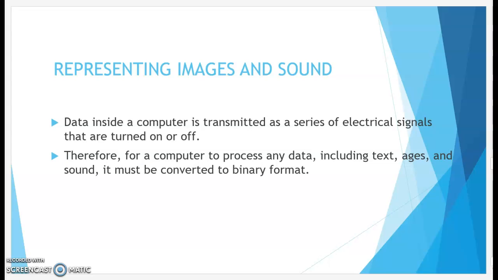Representing images and sound. Data inside a computer is transmitted as a series of electrical signals that are turned on or off. Therefore, for a computer to process any data, including text, images, and sound, it must be converted to binary format.